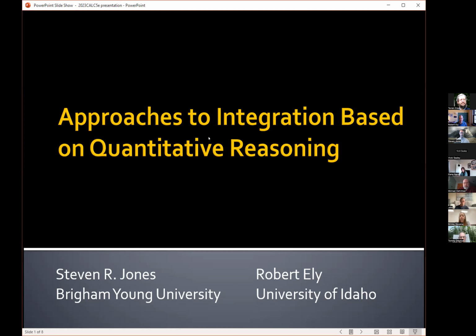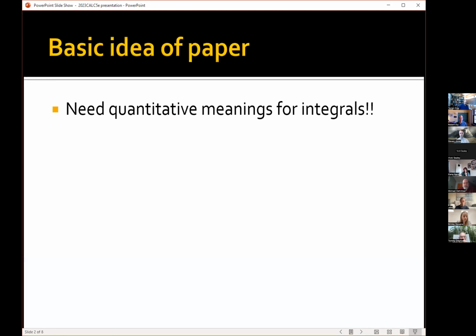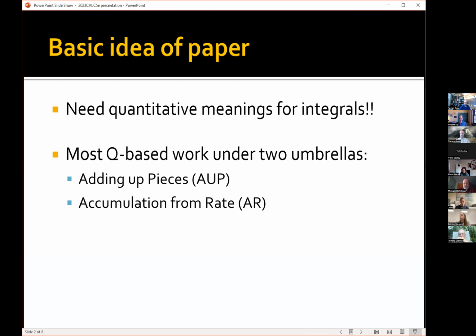Our paper was on quantitative approaches to integrals, and just to jump right in, the research is very clear that we need quantitative meanings for integrals. Area meanings and antiderivative meanings are insufficient on their own for that.